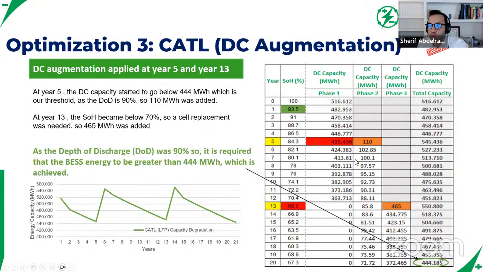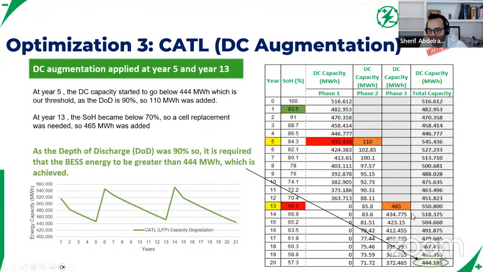But really, with the three phases of augmentation, you have adequate capacity throughout your battery project. Here in year 13, we're assuming a replenishment is going to happen, and that means basically we're taking the batteries out and just putting new ones in.